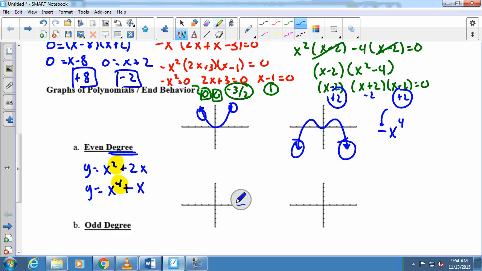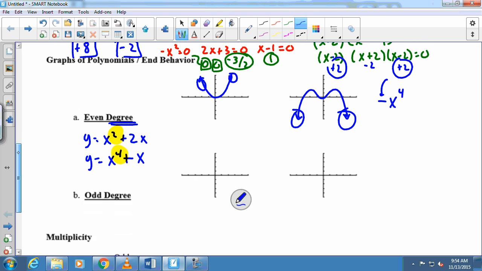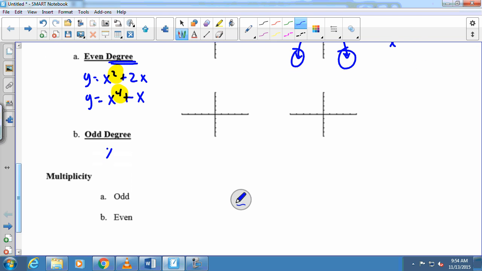And then if we have an odd degree, something like x cubed, we're going to get this kind of situation. You've been calling it a chair, but notice my ends go in opposite directions. So I could even have something like this, that has an odd leading term, and it's odd because of the direction.